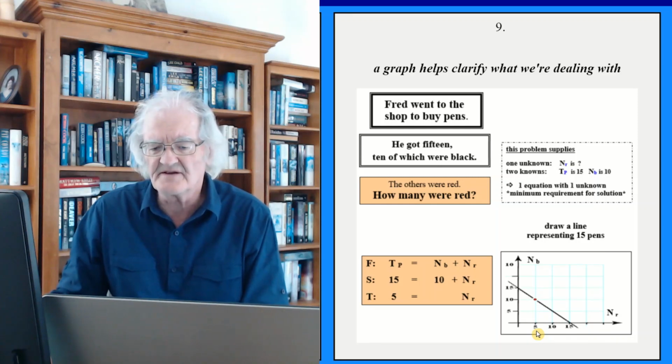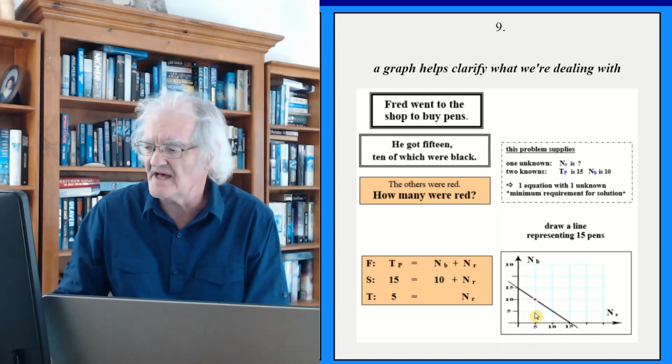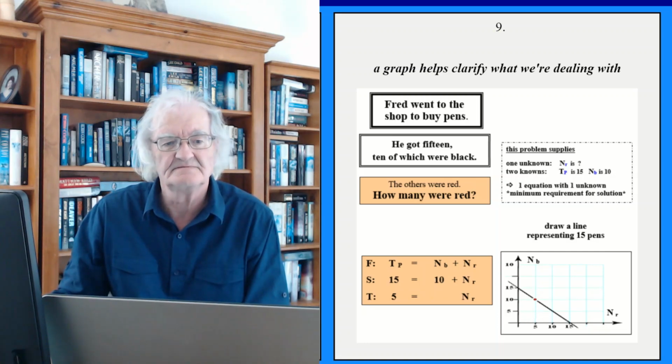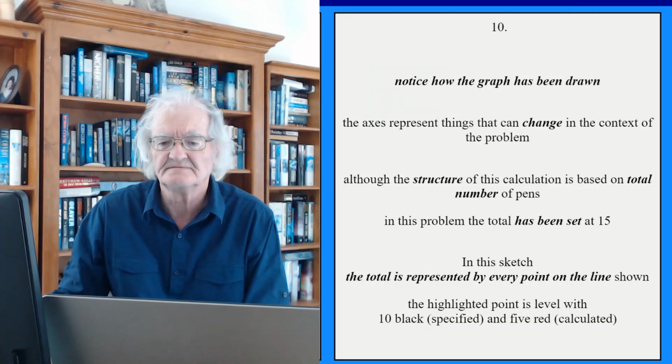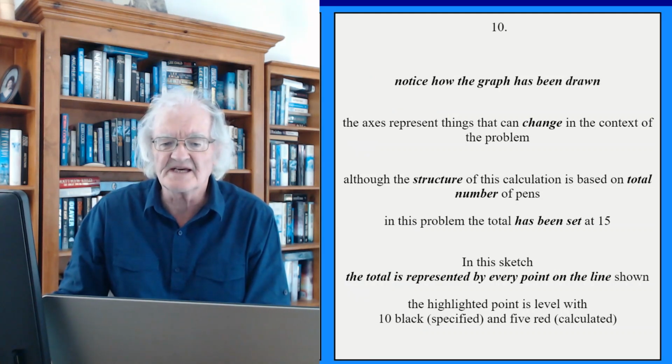So notice how the graph illustrates what we are dealing with. It lists other possibilities which might be appropriate in other questions. Notice how the graph has been drawn. The axes represent things that can change in the context of the problem.